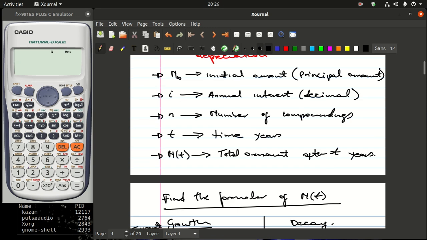So N naught we use to denote the initial amount or initial size, and I is the annual rate. Let me put some star there. And then n is the number of compoundings, and t is time, let me say in years. Most of the time t is in years, and N of t is the total amount after t years.